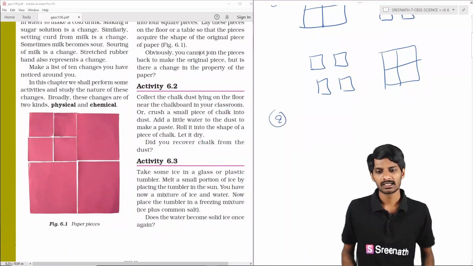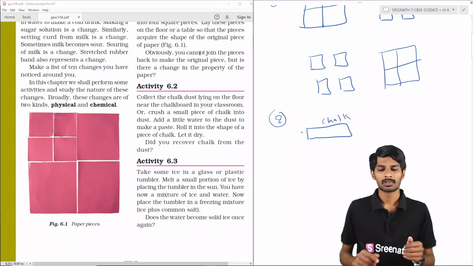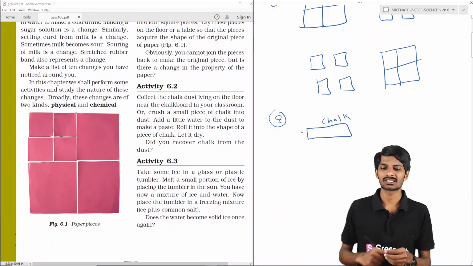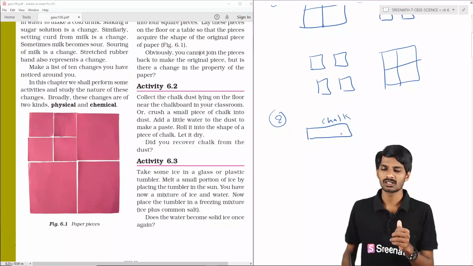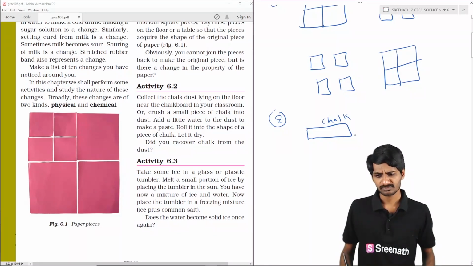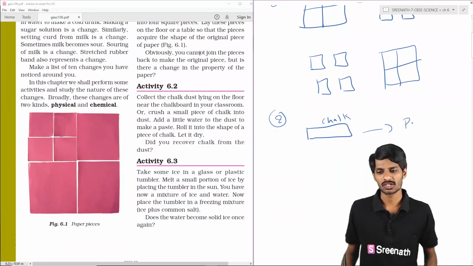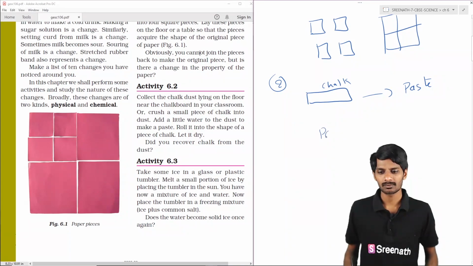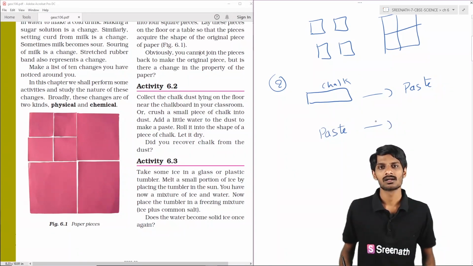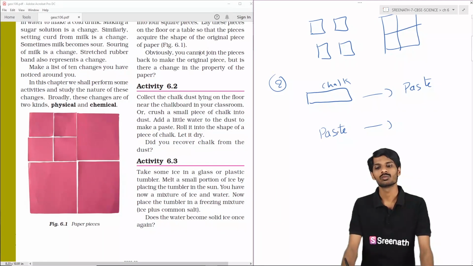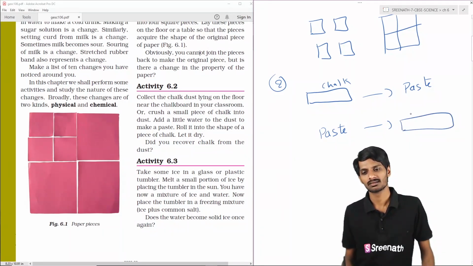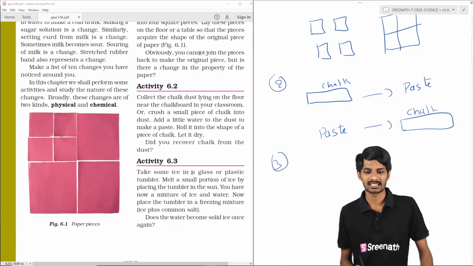Next, take a chalk and crush it so that it gives you powder. And adding water, make that chalk powder into a paste. Now take that paste and try to make that paste into a chalk. Could you do it?